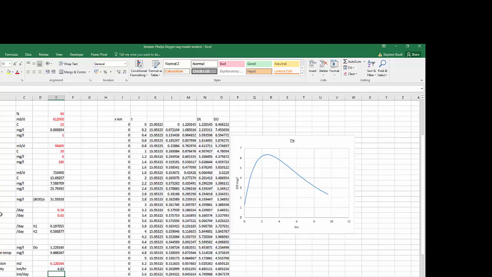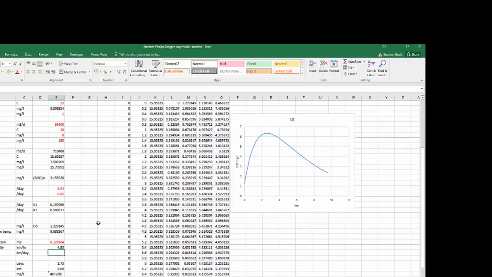And because all of our rate constants for the reaeration and deoxygenation are per day, we should change that number into kilometers per day, multiplying by 24. So 116 kilometers per day.